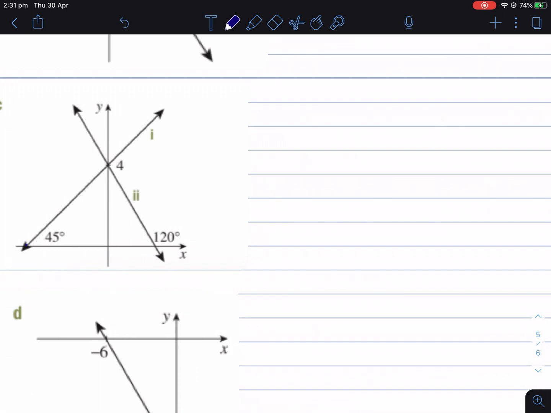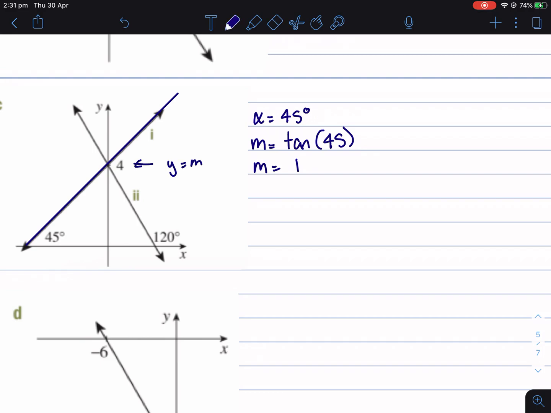This one, let's do the one going up first. So we have alpha equals 45 degrees, so the gradient equals tan alpha, which is tan 45. So the gradient is 1. We also know the y-intercept.